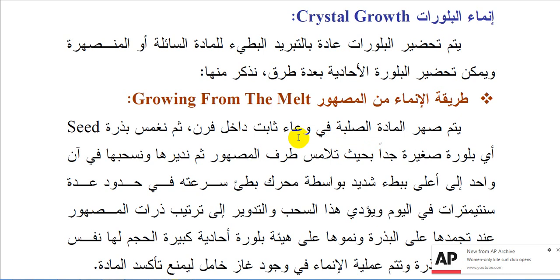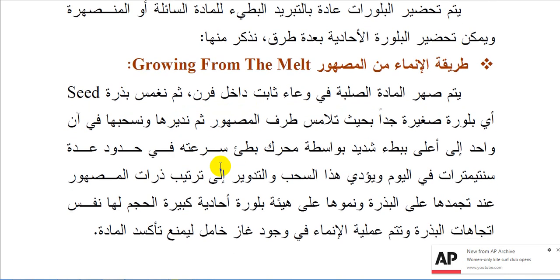The solid mass is melted in a constant receptacle within a furnace. Then we immerse the seed crystal, bring it into contact with the tip of the molten material, then rotate and draw it upward very slowly using an engine, at a velocity of multiple centimeters per day.